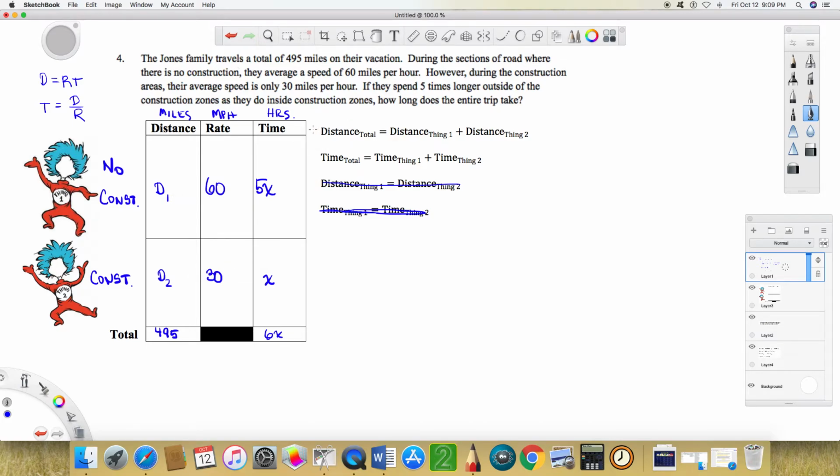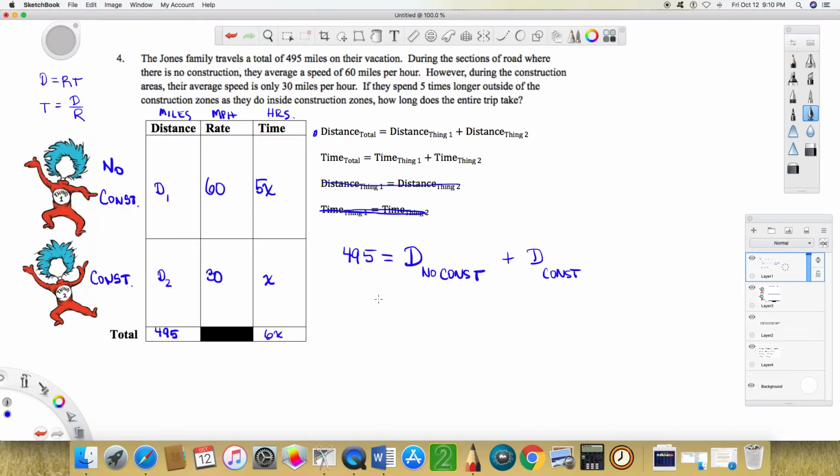So let's explore taking this total distance of 495 and breaking it down into the no construction zone and the construction zone. So this 495 miles, part of that distance we drove through no construction zones, and that was the major part, the longer distance. We know that logically. And the rest is the distance that we traveled through the construction zone.